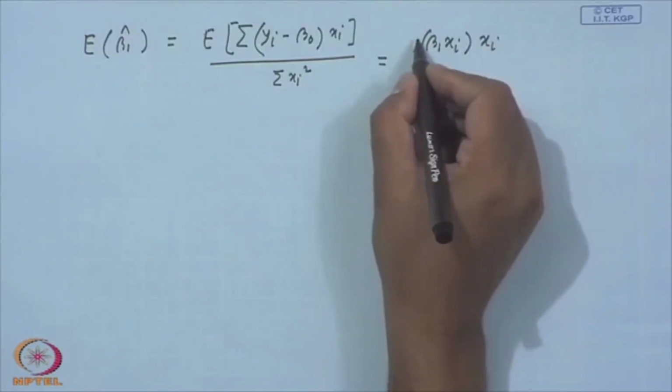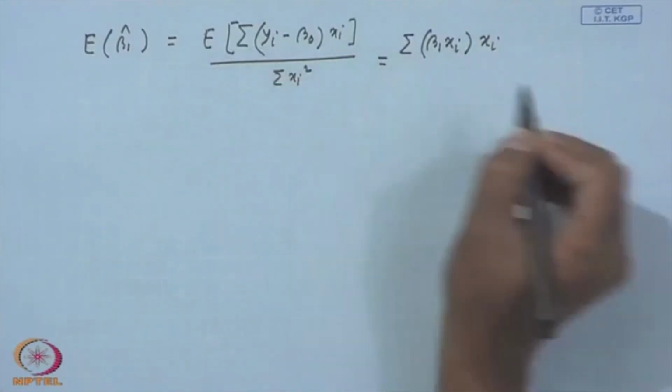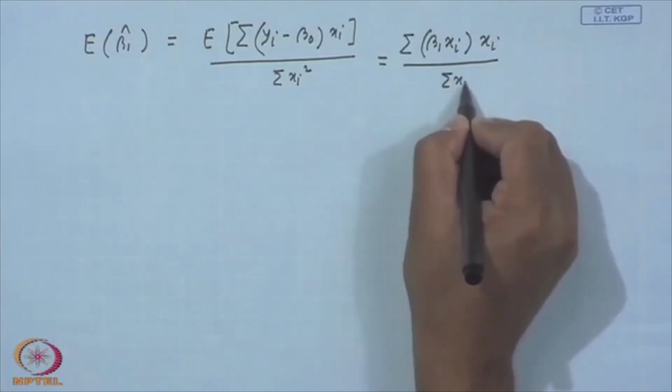So, you put the expectation inside, right, by summation of x i square.